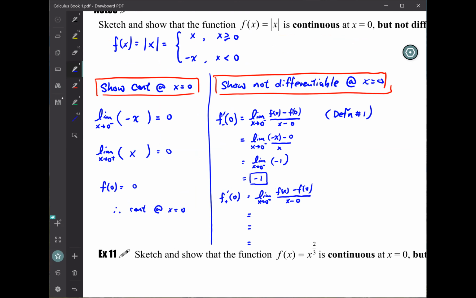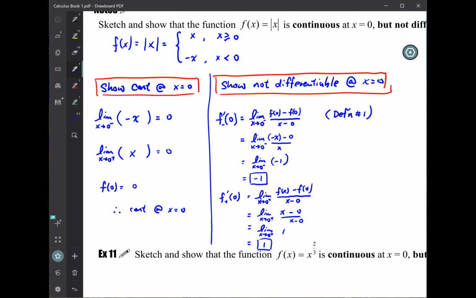Anyone has question about how to do this part? So coming from the right side, you need to pick the x as the right piece, right? So that will give you limit of 1, which is 1.